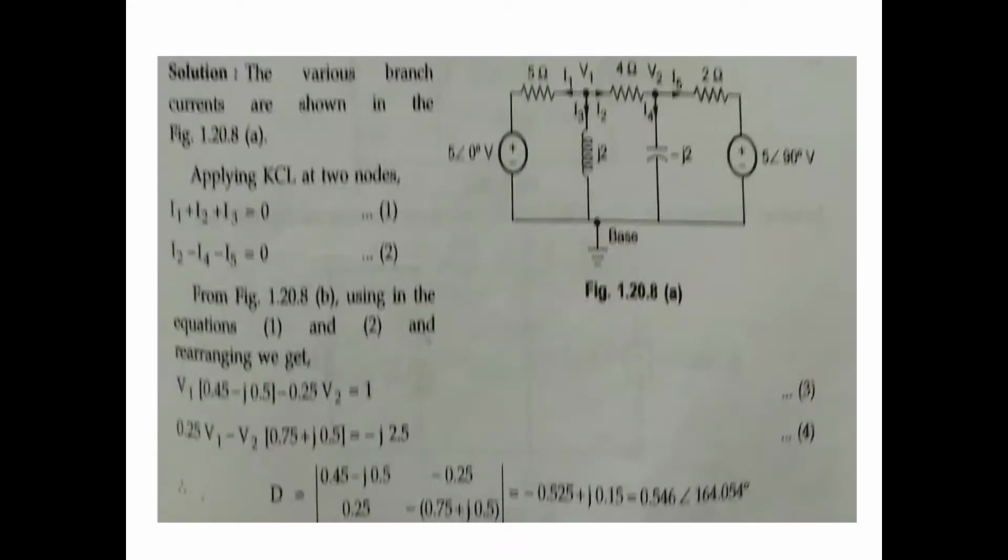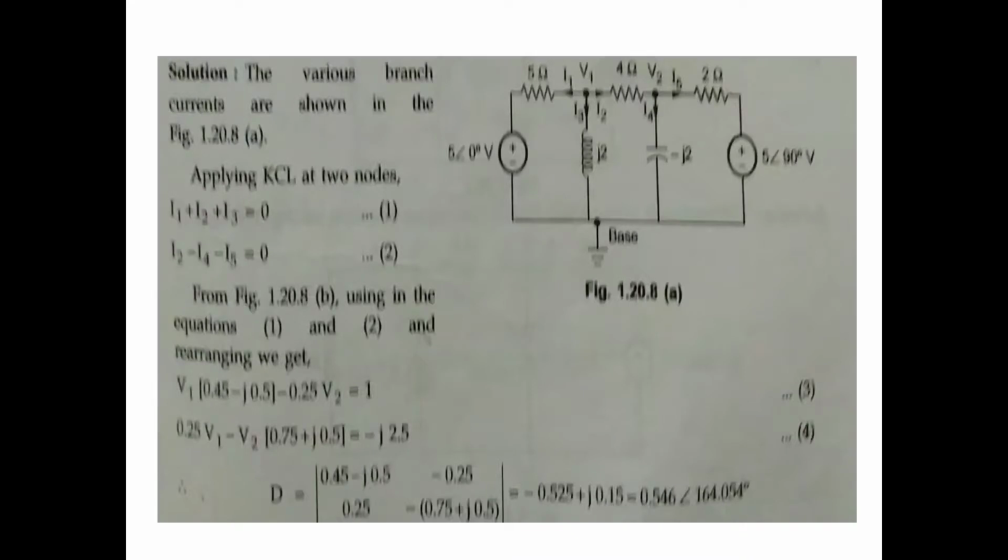The various branch currents are I1, I2, I3, I4, and I5, five currents. Applying KCL at the first node, I1, I2, I3 are all leaving, so I1 plus I2 plus I3 equals 0.